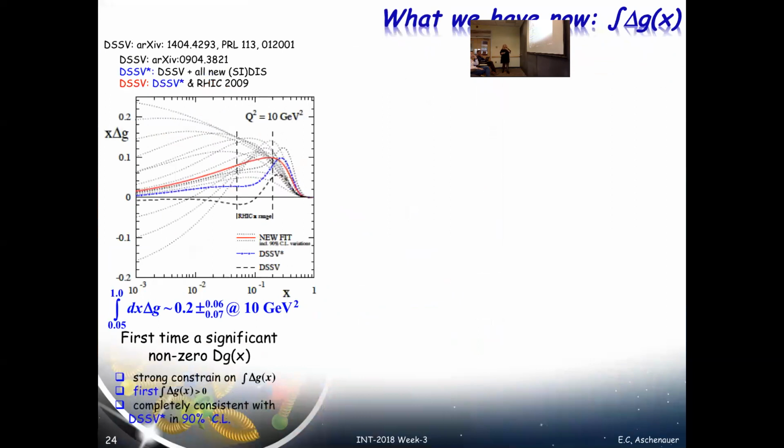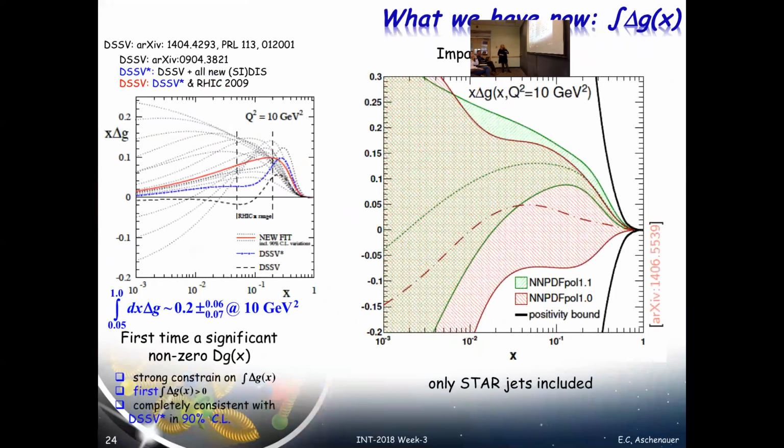So we saw yesterday, based on the RHIC data, there is the first indication, or it's more than an indication, that the gluons contribute to the spin of the proton, so that it is not all a quark object. But of course, the uncertainties are still very large, especially at low x, and that is a plot from the NNPDF.